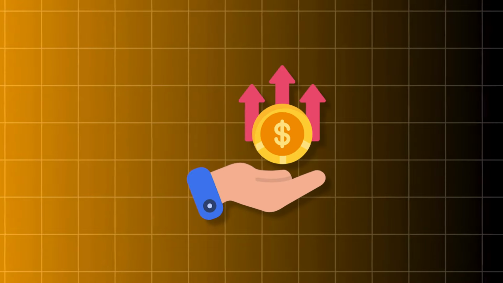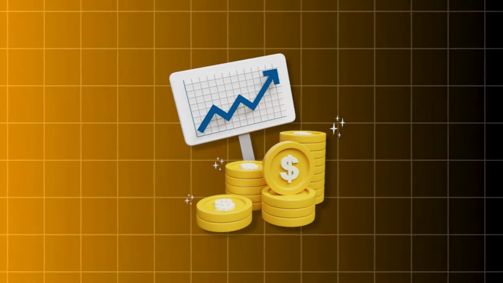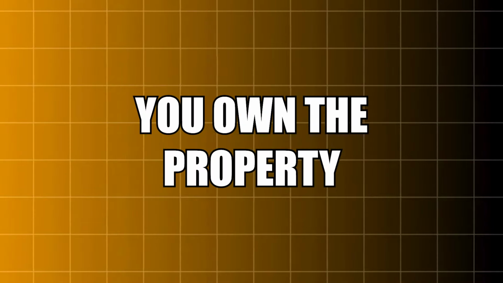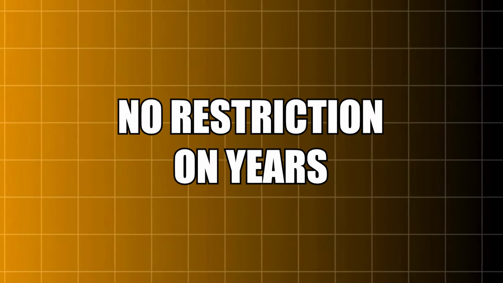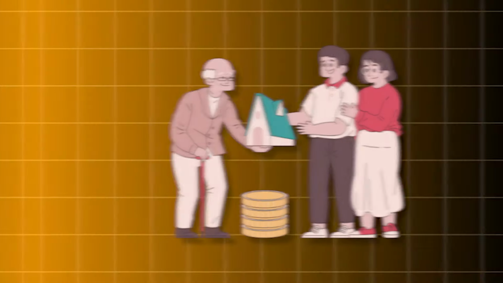Now let's look at houses. When it comes to houses, capital appreciation plays a vital role, and you tend to get capital appreciation as well. Why? Because one, you own the property. Second, it's not a leasehold property, it's a freehold property, so there's no restriction on years in it. You can own it, you can inherit it from your parent, your children can inherit the property from you. It never ends because obviously it's a freehold.